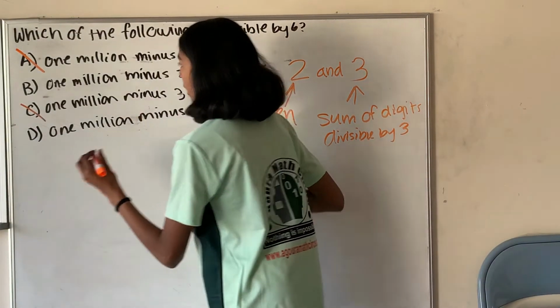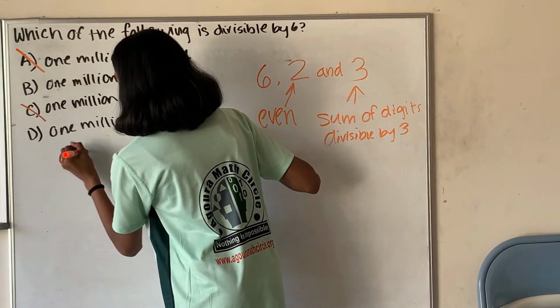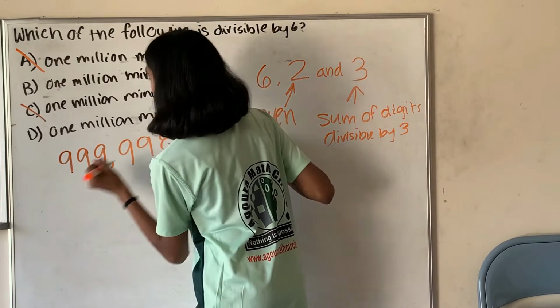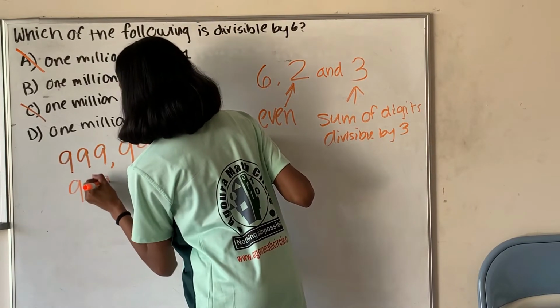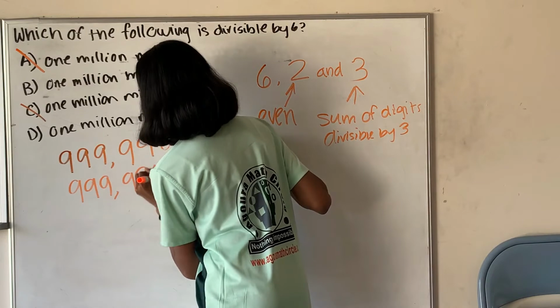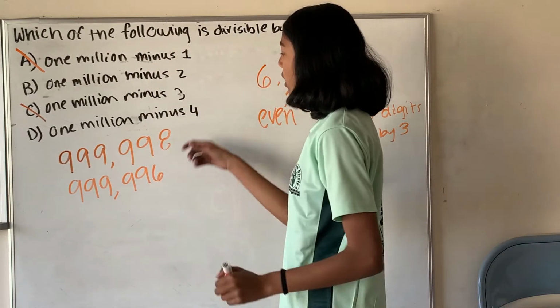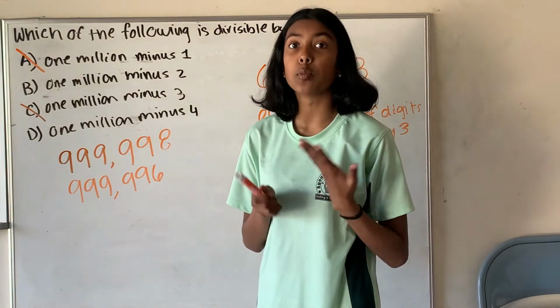So let's write these out. We have 999998 and 999996. When we look at this, we want our sum of the digits to be divisible by 3.